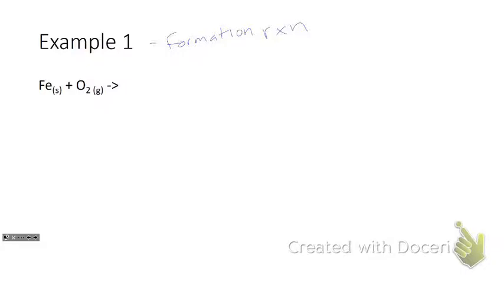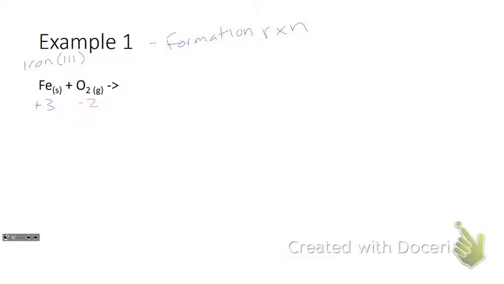So, let's look at iron. Iron is multivalent, so I should have said iron 3. Okay? Yeah, sure, we can do iron 3. So if we know that our iron is going to have a charge of +3, remember oxygen always has a charge of -2. Okay?